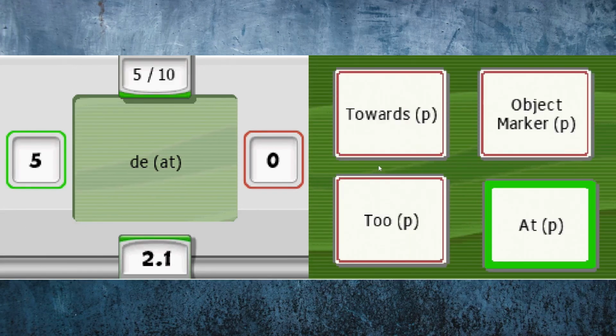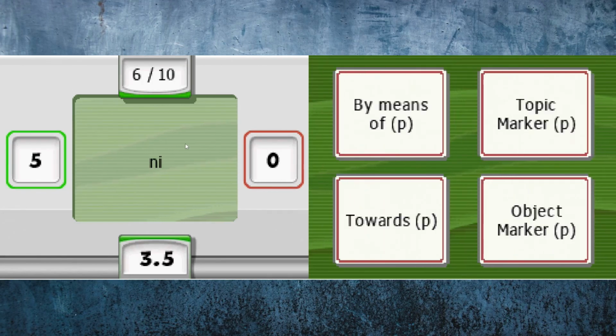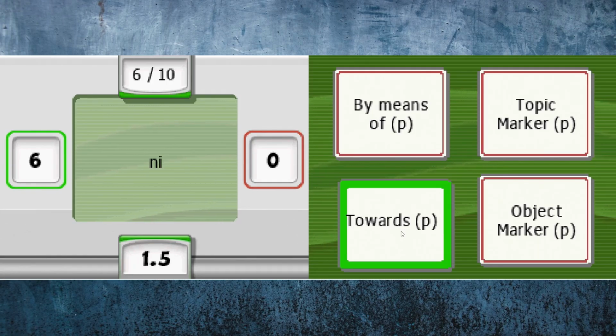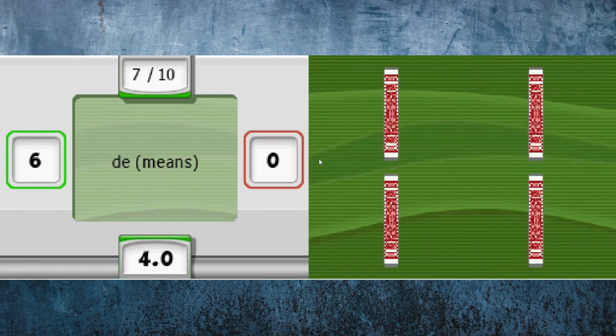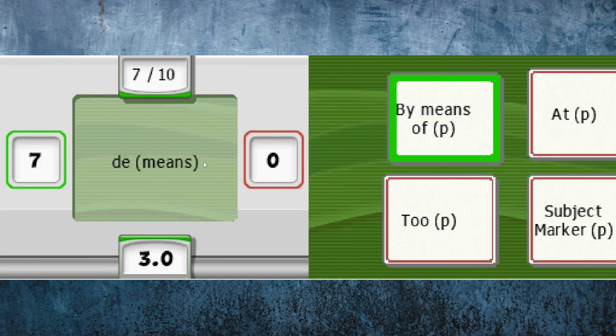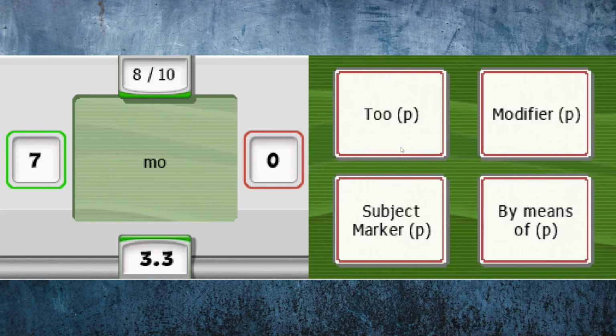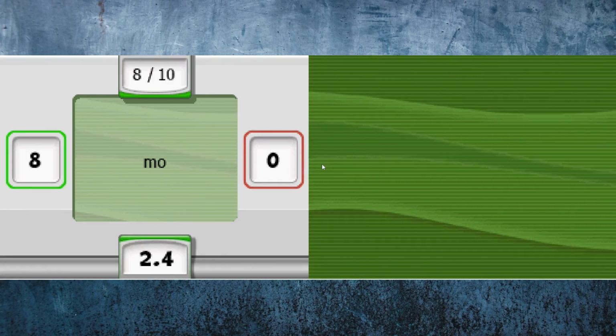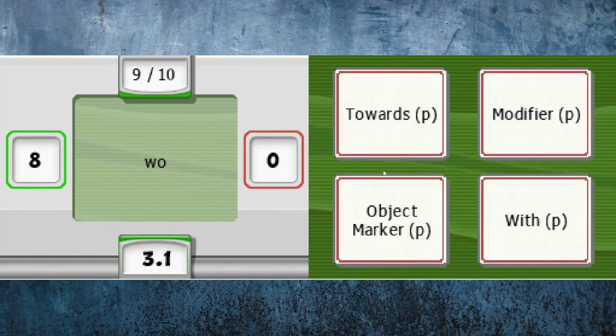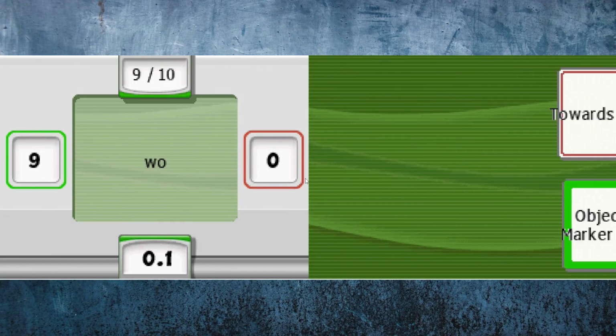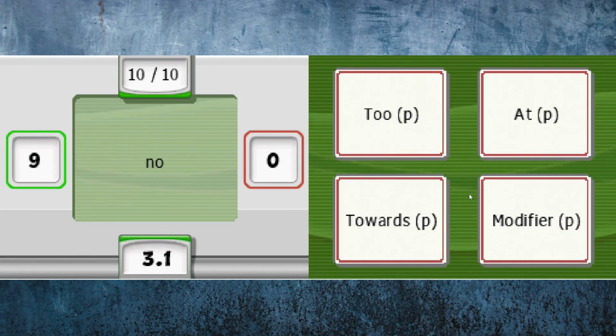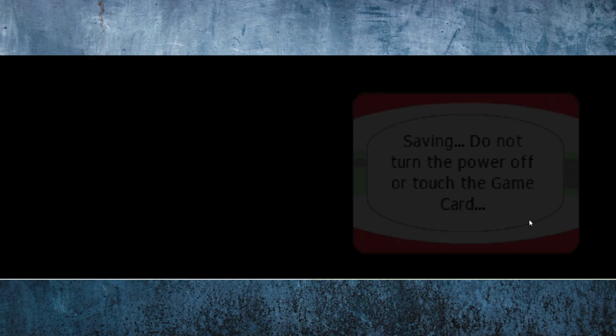Ni is also the same thing, but they call it towards for some reason. で De, by means of. も Also. を Wo is like for the nouns, object. の No is possessive particle, and they call it modifier particle.